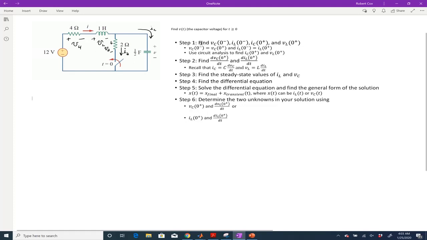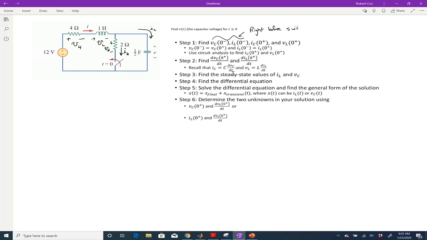So in step 1, we find V sub c of 0 minus, I sub L of 0 minus. Okay, so those things we find right before the switch moves, right?